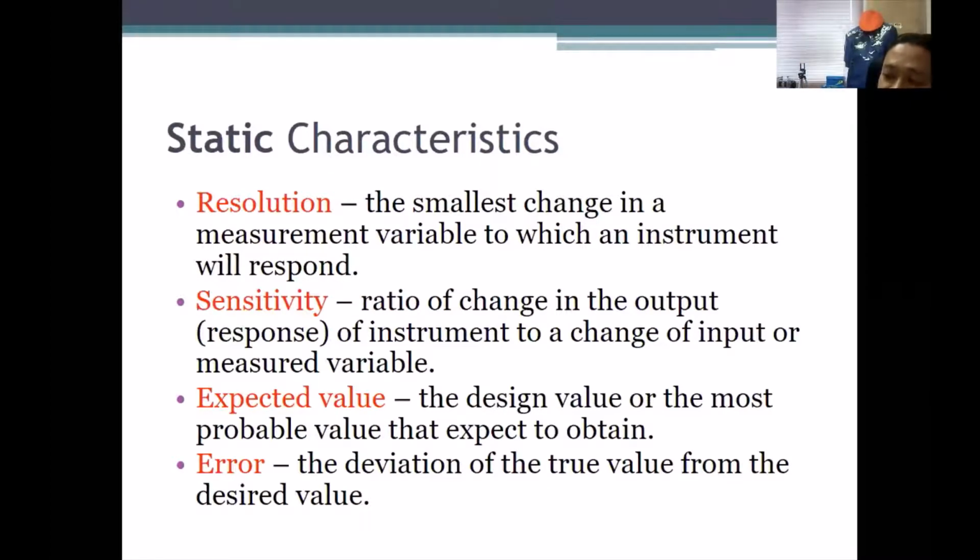And then the error, the deviation of the true value from the desired value, as I mentioned to you. The exact value is 14.8, but using the digital multimeter we got 15.08 volts. That difference between the exact value and the measured value we call the error.